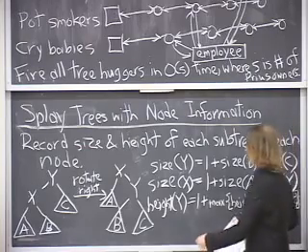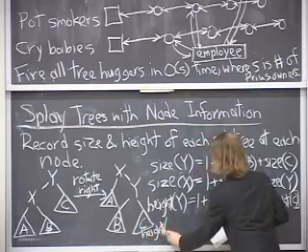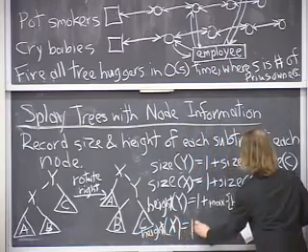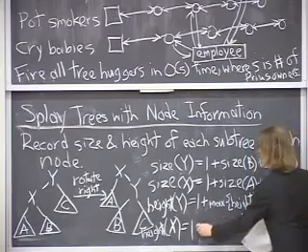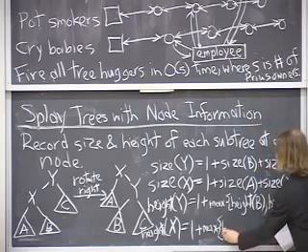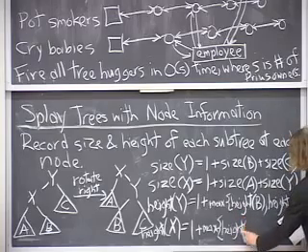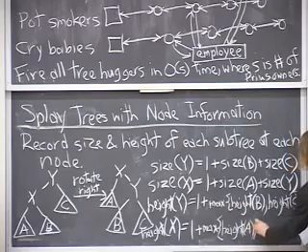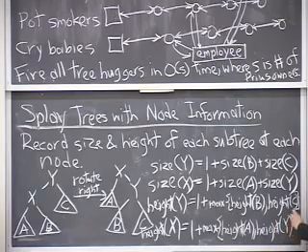And the same goes for X. So those are the formulas for updating those two nodes.